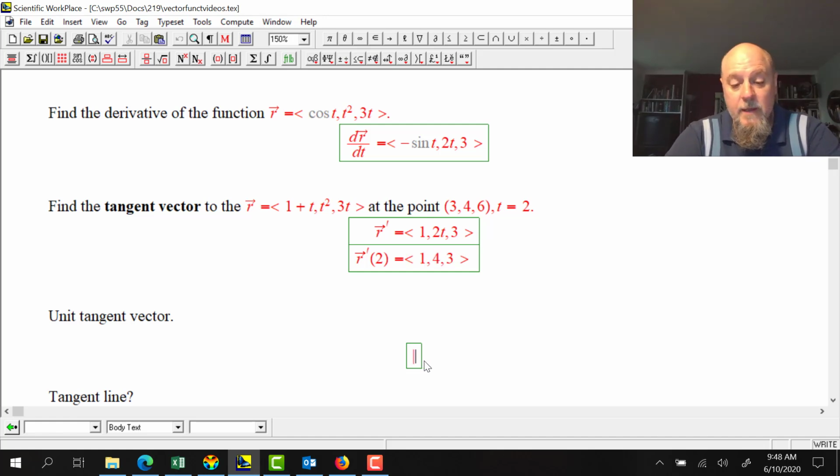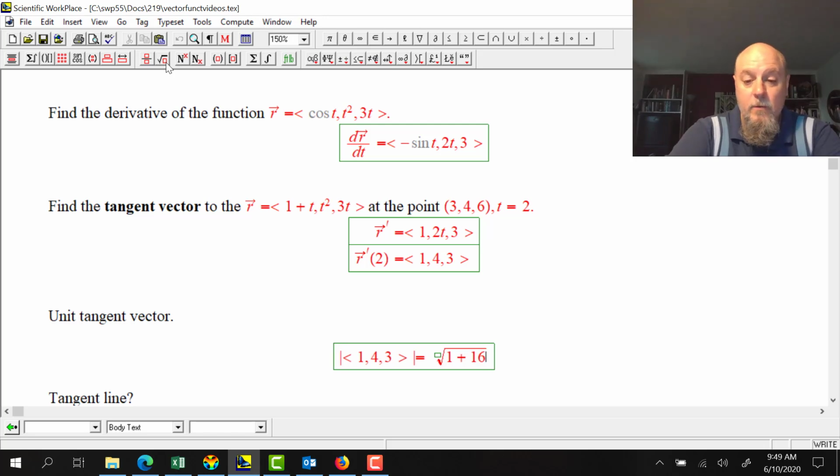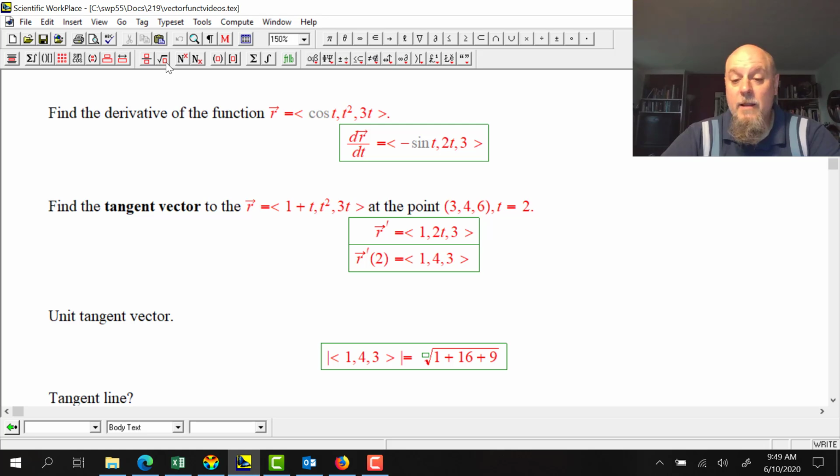So I'm looking at the magnitude of this vector, how long that vector is, and that's just the square root of the first component squared plus the second component squared plus the third component squared. So what's that? That's root 26. So that's how long this vector is.